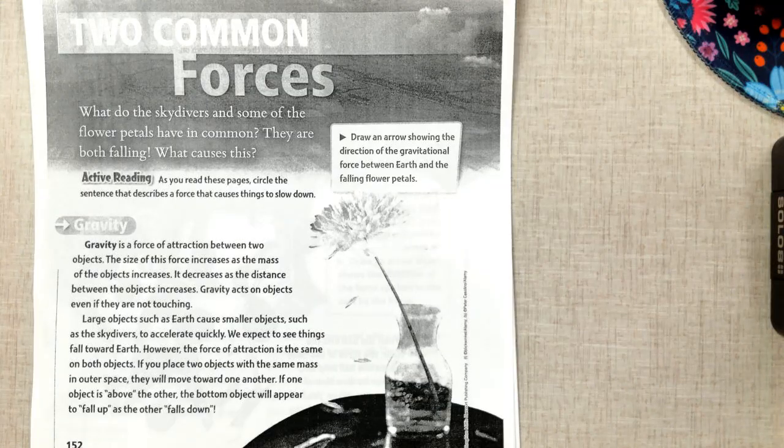We expect to see things fall towards Earth. However, the force of attraction is the same on both objects. If you place two objects with the same mass in outer space, they will move towards one another. If one object is above the other, the bottom object will appear to fall up as the other falls down.